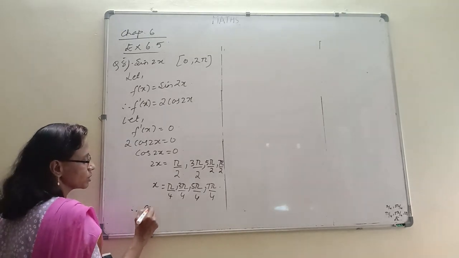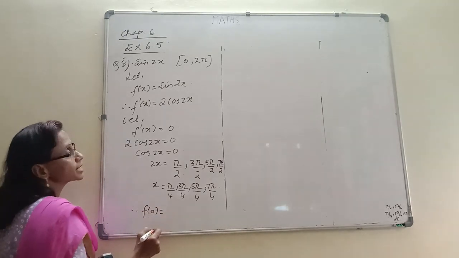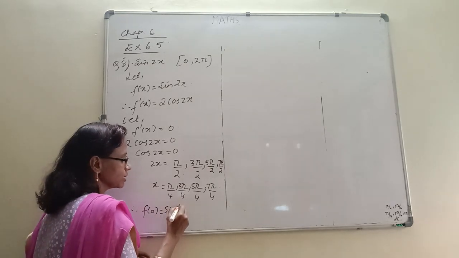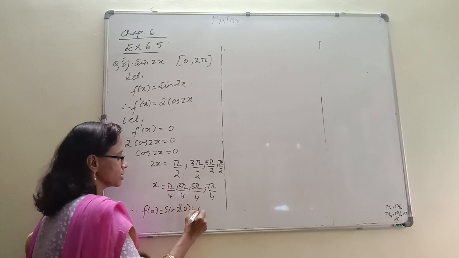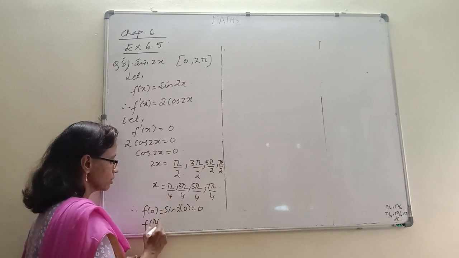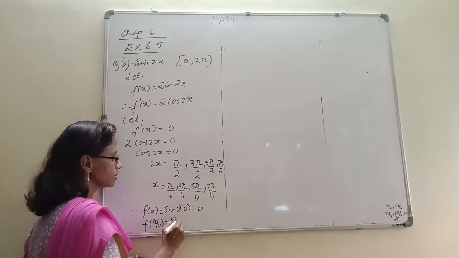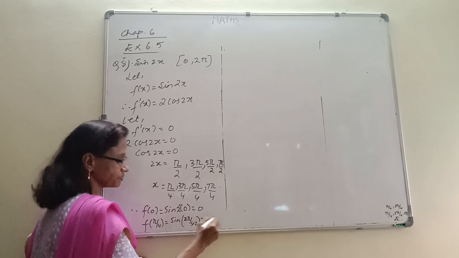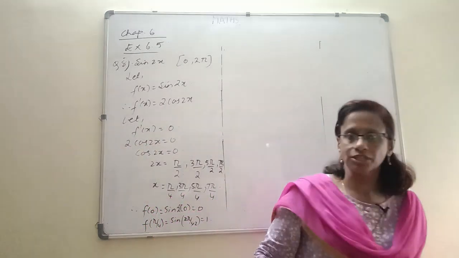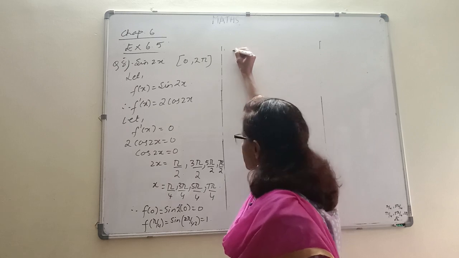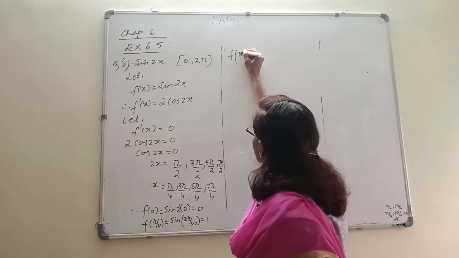Let's get f at 0. f at 0 means sine 2 times 0, which is 0 itself. Let's get f at pi over 4. It's sine 2 times pi over 4, which is sine pi over 2, which is 1. Then the next value, f at 3 pi over 4.